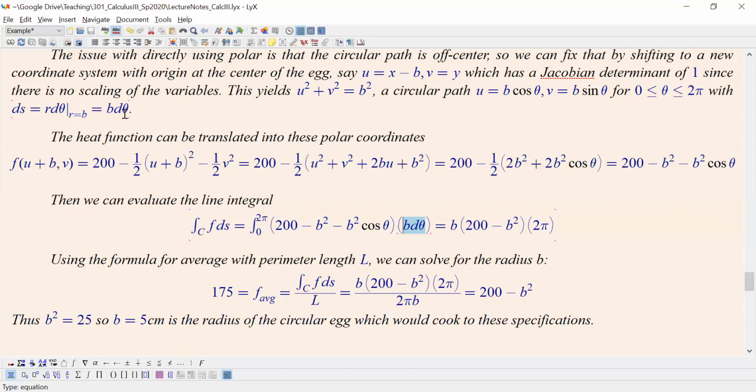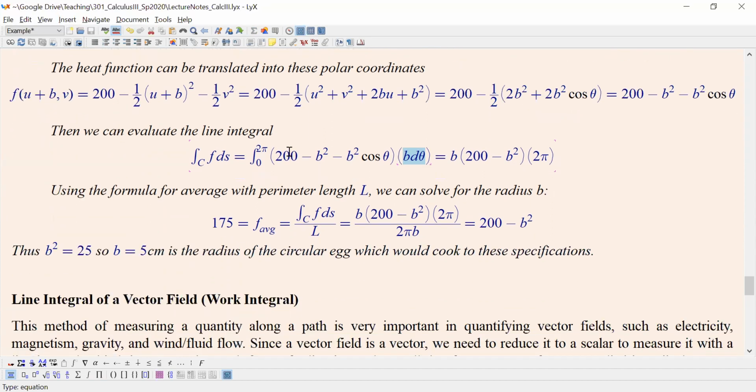So moving into polar doesn't necessarily simplify the steps we need to do in the function, but it simplifies greatly how we get to the arc length, how we get to translating or scaling that differential. The rest of the integration is identical.